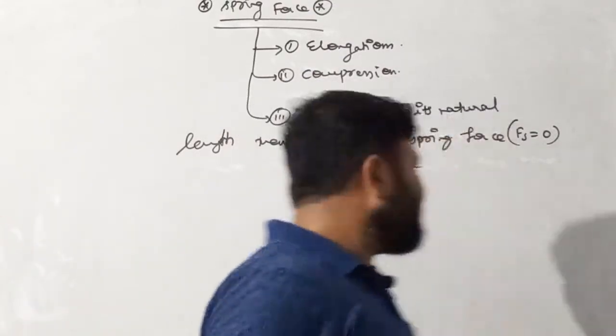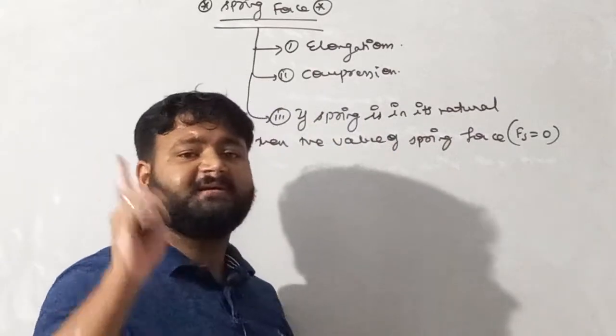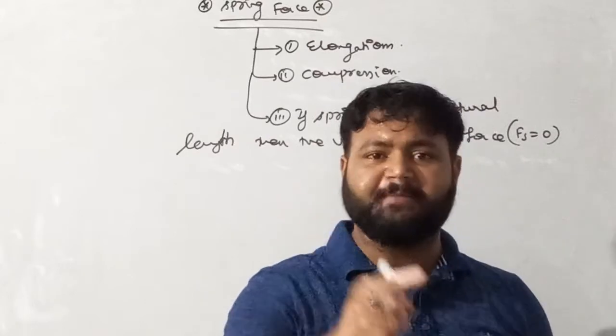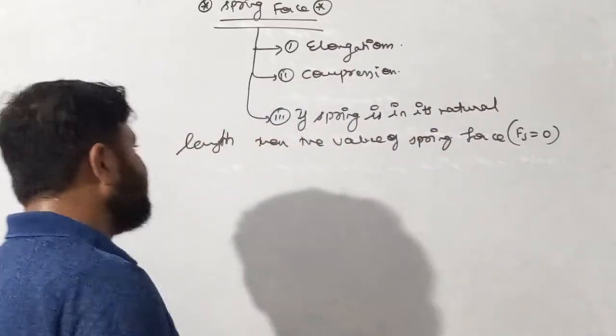Very important point, my dear student. Because if the spring is in its natural length, then the value of spring force is always considered to be 0. Remember this thing.